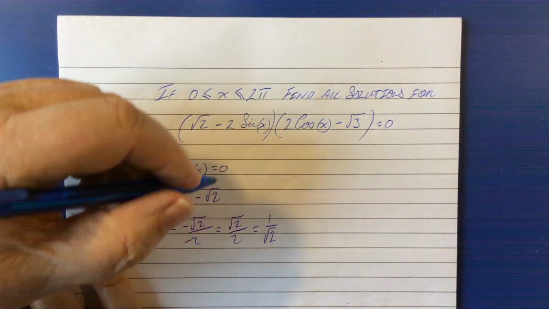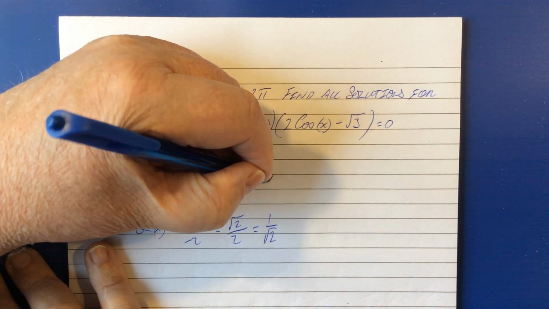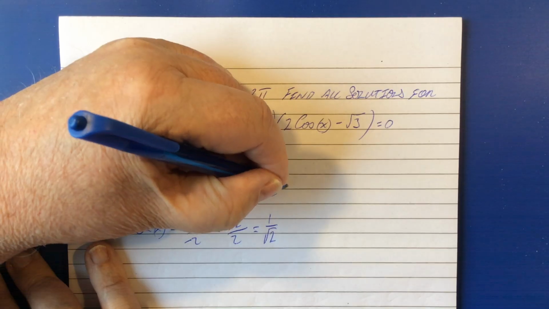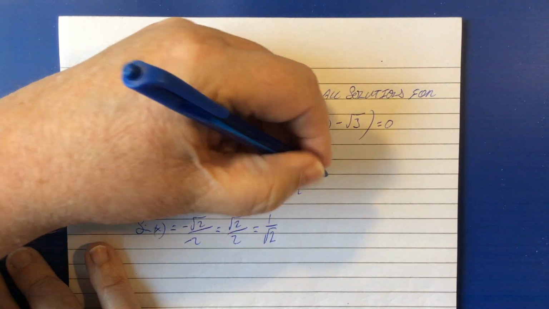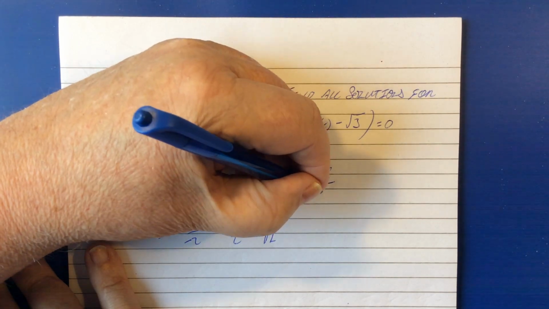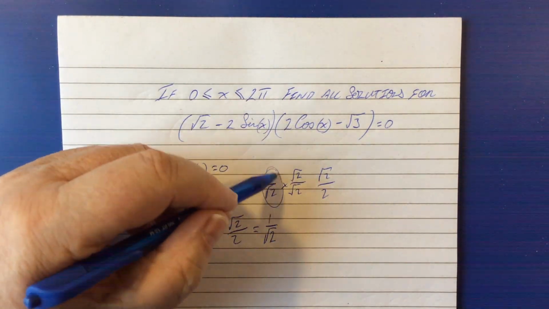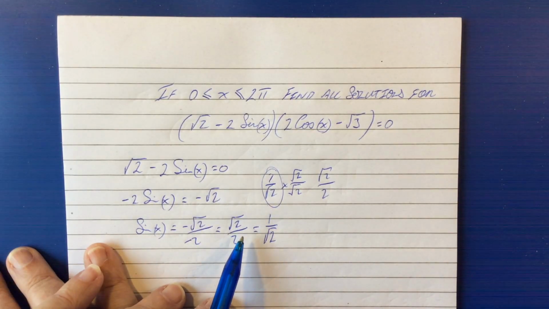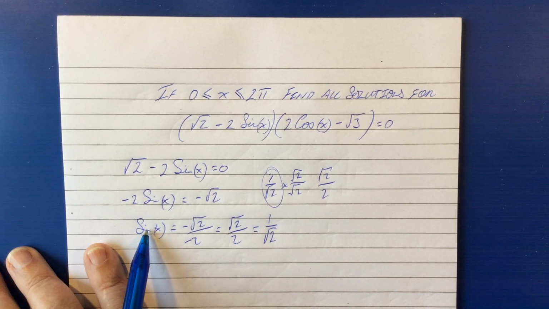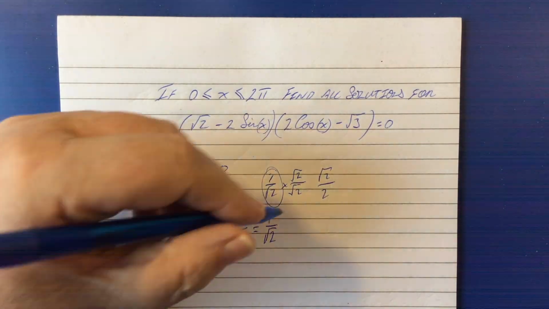which is the rationalized form of 1 on root 2. I'll just demonstrate that up here. 1 on root 2 times root 2 on root 2 gives us root 2 on 2. This is the form in which we can find the value of the sine of x in degrees or radians.